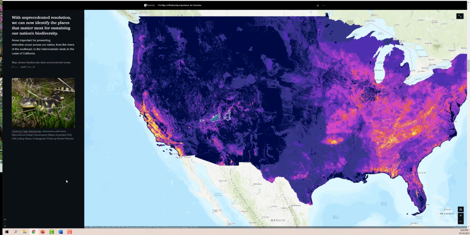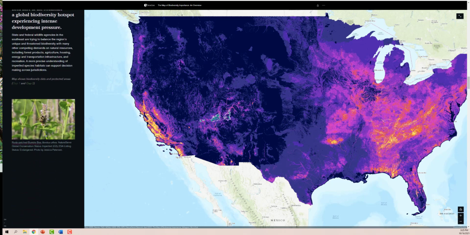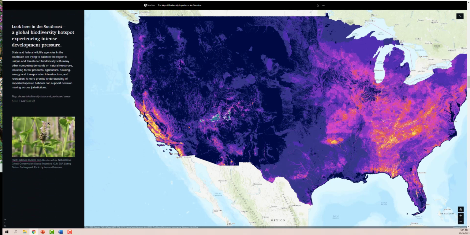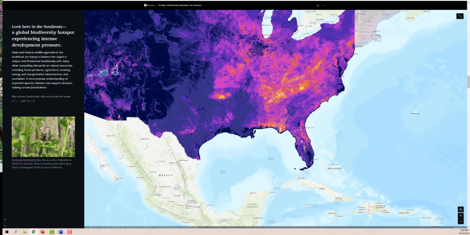Areas that are important for preventing extinction do occur across our nation, extending from rivers of the southeast to the intermountainous regions of the west and the coast of California. So in the southeast, there is a global biodiversity hotspot that is experiencing intense pressure.